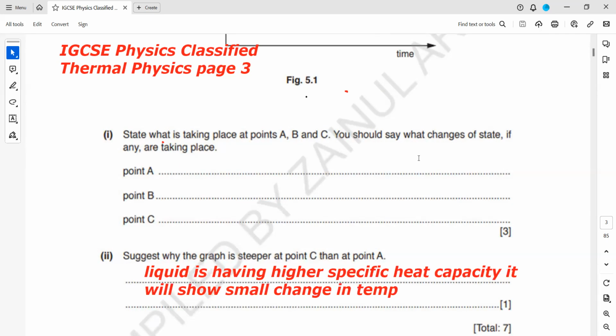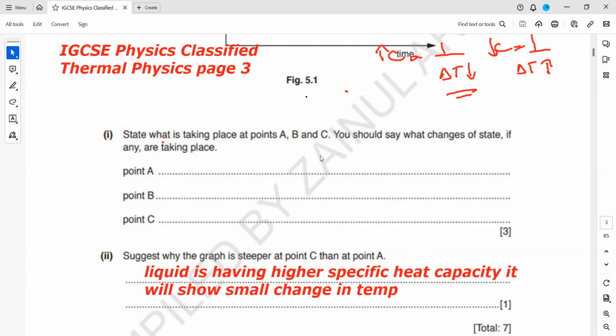So remember, whenever you are comparing temperature changes, like some substances have a smaller temperature change than others, you can relate them with specific heat capacity. The one with a smaller change in temperature has a high specific heat capacity. The one with a greater change in temperature will have a smaller specific heat capacity.